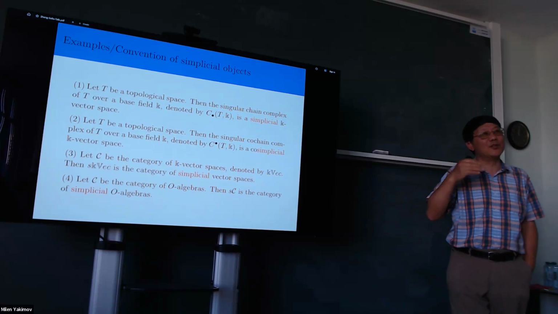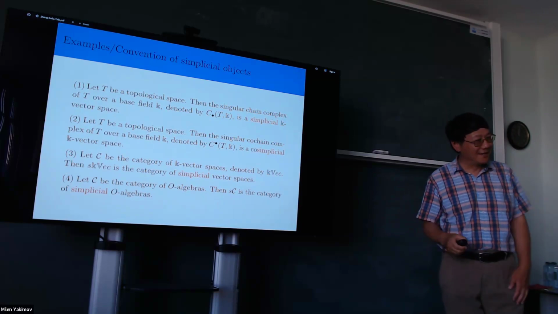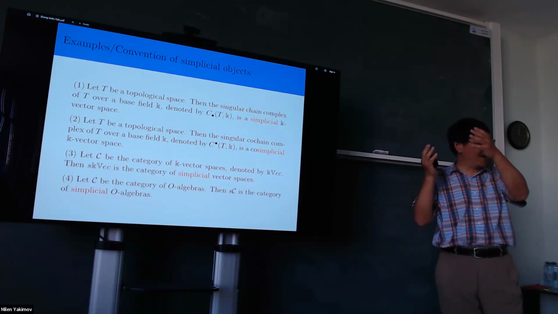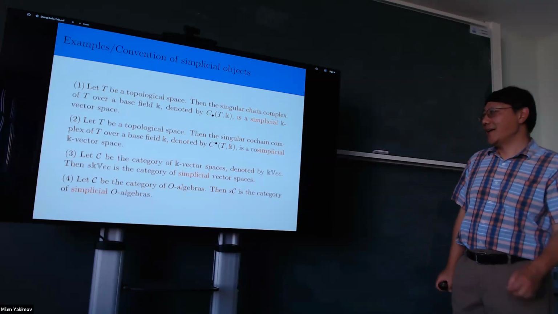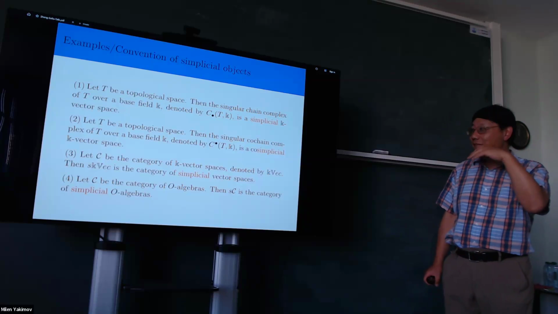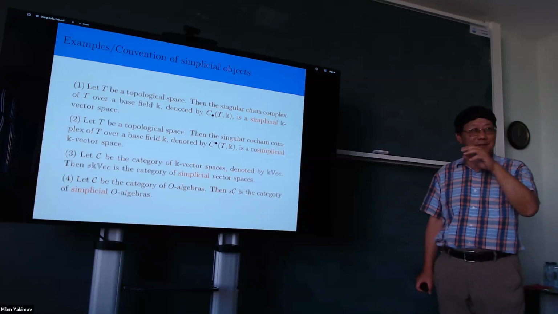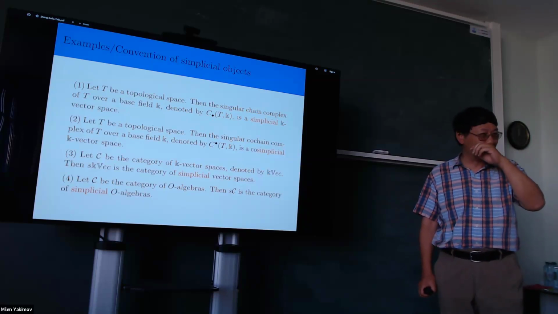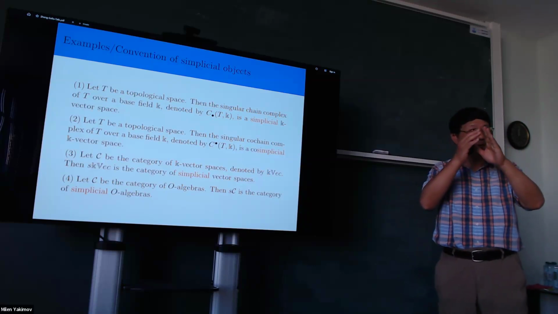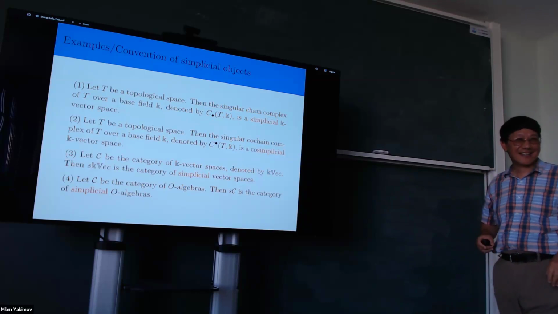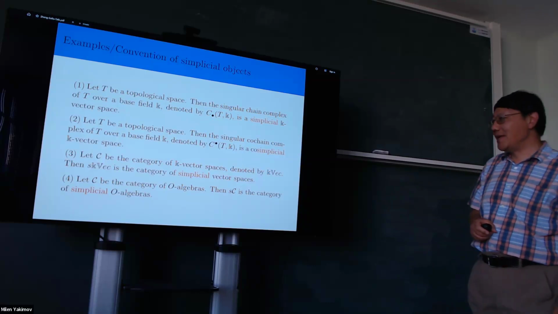Just taking C to be the vector space category, this is a simplicial object in the K-vector space category. I haven't defined what a co-simplicial set is, but you can imagine: just replace delta opposite by delta.